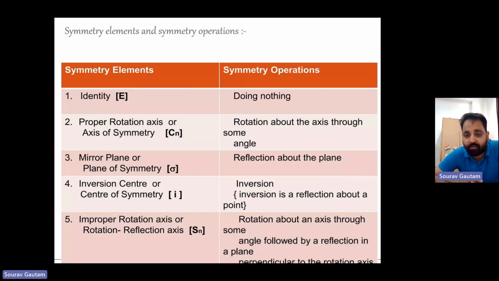That means inversion is a reflection about a point. An improper rotation axis or rotation-reflection axis symbol is Sn. It is a rotation about an axis through some angle followed by a reflection in a plane perpendicular to the rotation axis.